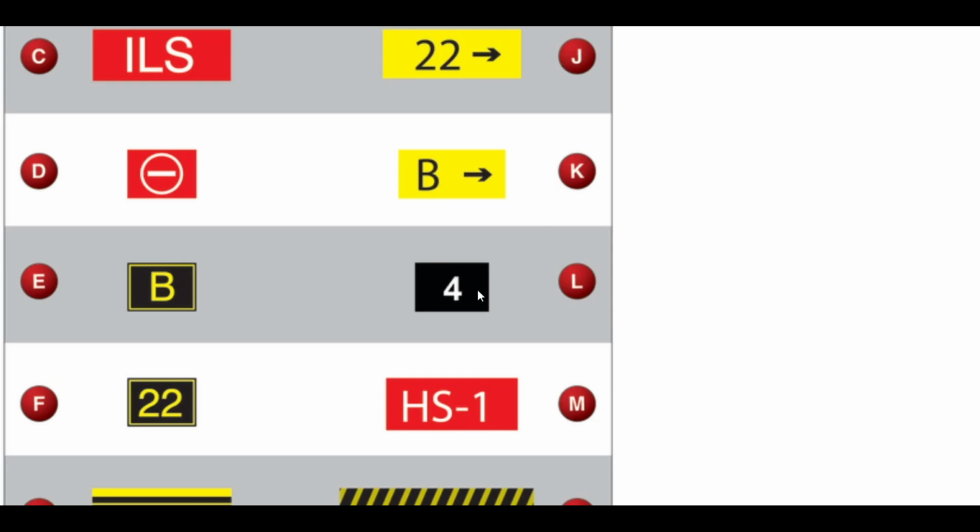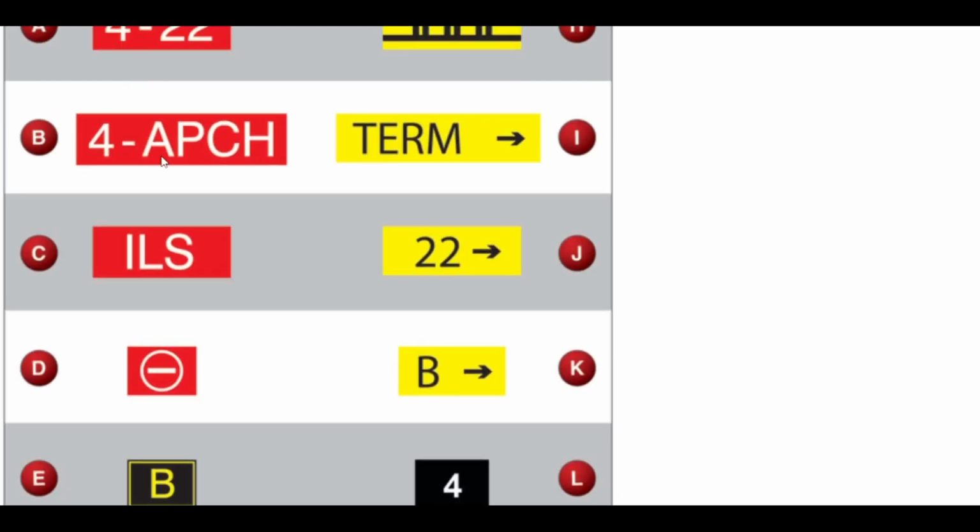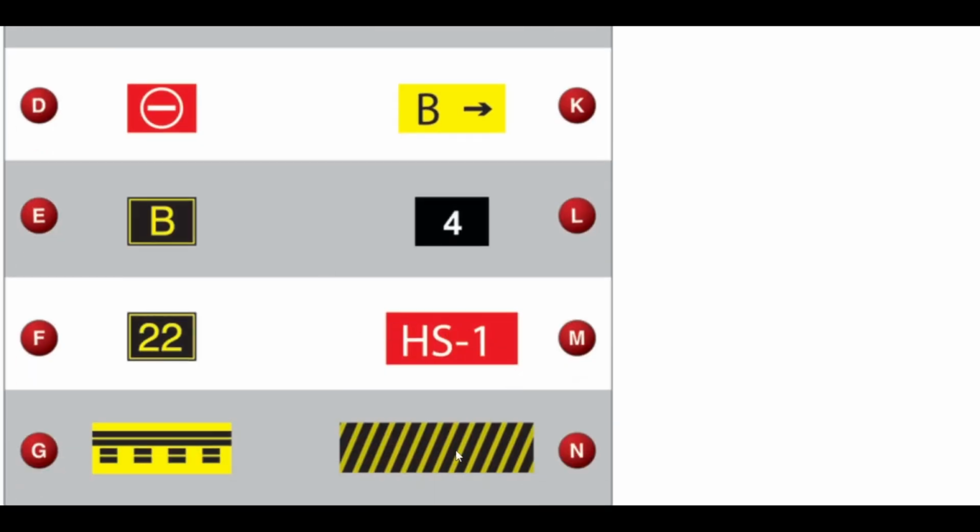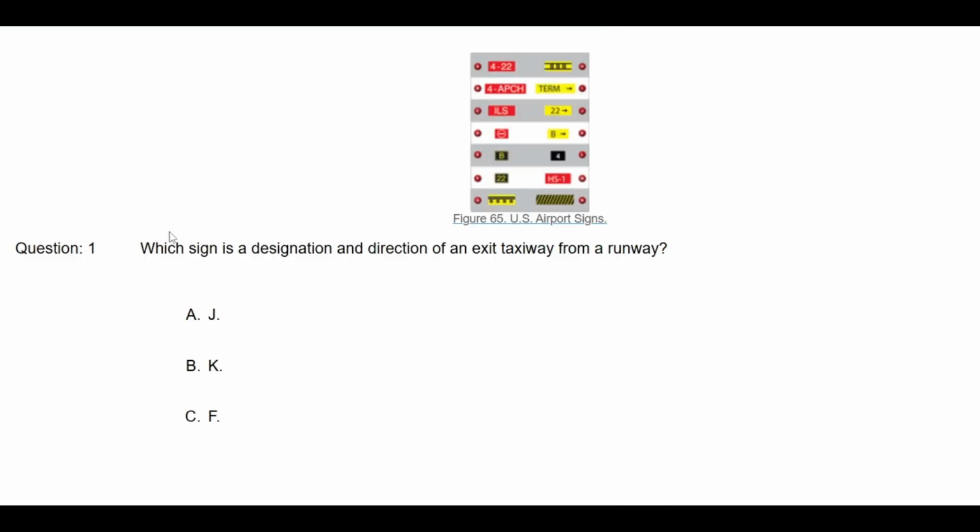It shows how much runway feet is left for you to use. M, I think, is hold short to runway 1. It's like an ILS one. N is you're not allowed to cross there.